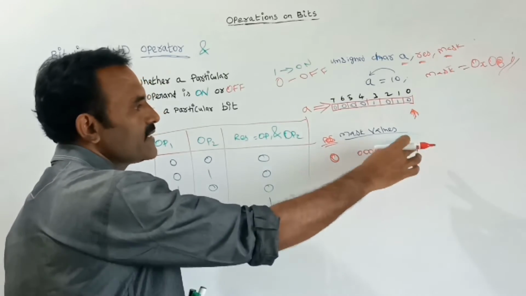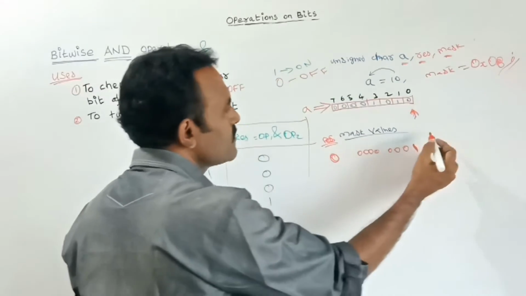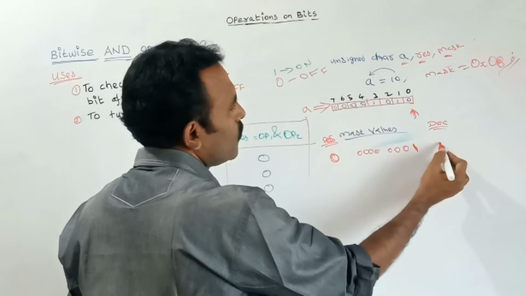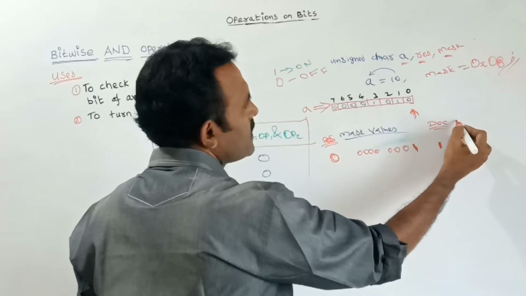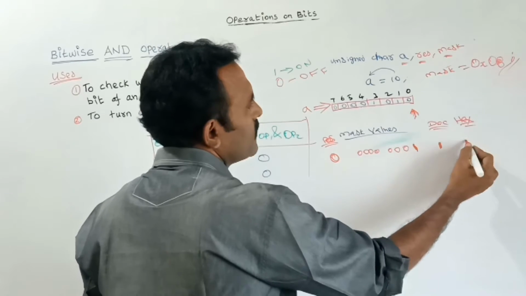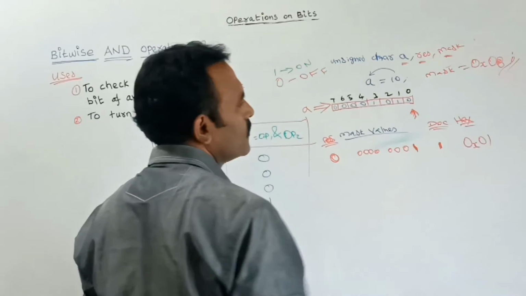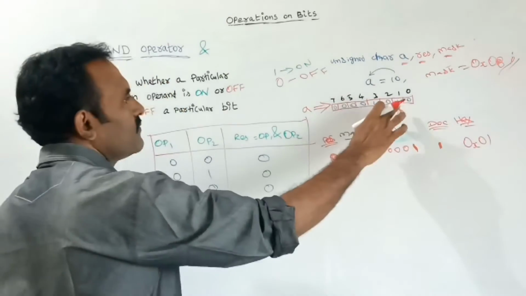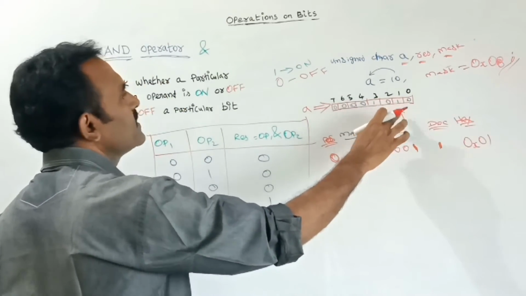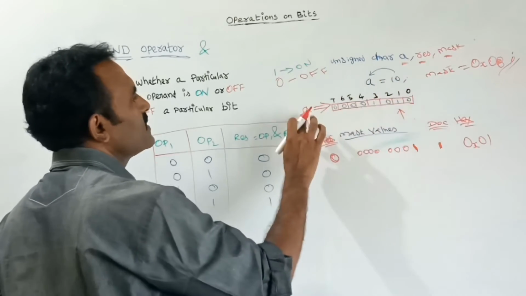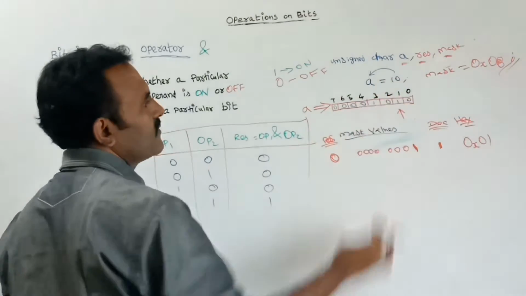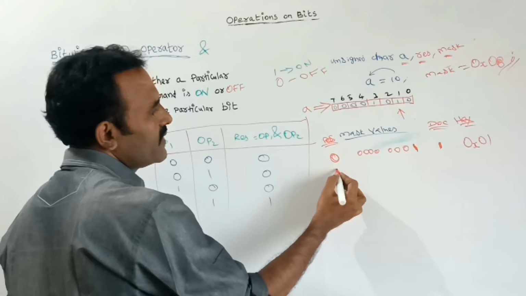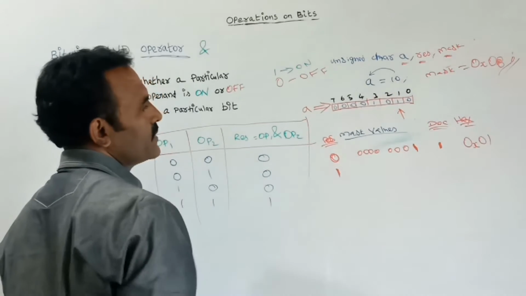You convert this into decimal. What is the decimal value of this mask value? Decimal value is 1. Hexadecimal value 0x01. Suppose I want to check whether the first position of this operand A is on or off, then I should create the mask value for finding the first position.